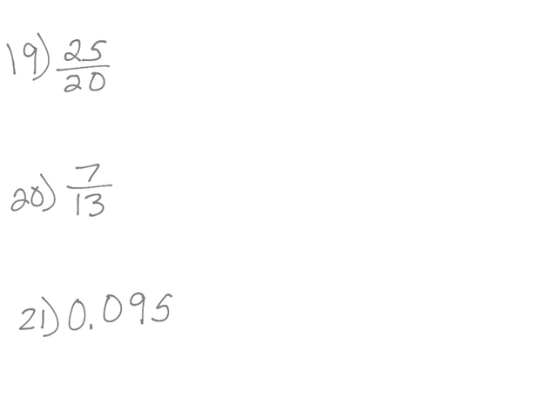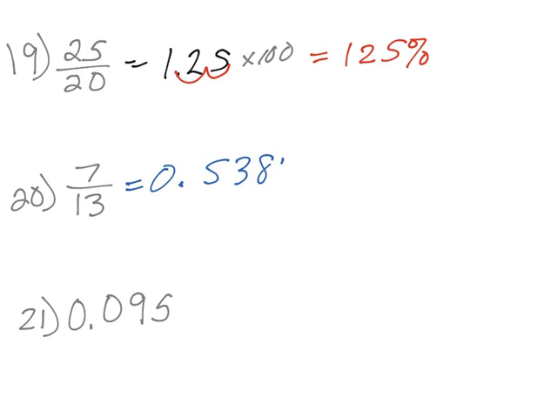Let's do a couple more of these. 25 over 20 changes to the decimal of 1.25. If I want to make that a percentage, I multiply by 100 or move the decimal 2 places, and I have 125%. With 7 over 13, that's 0.538461, goes on and on.